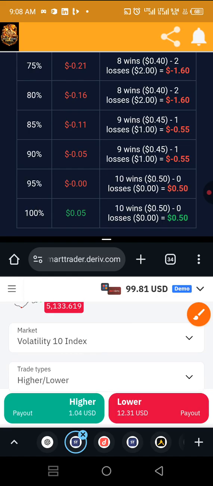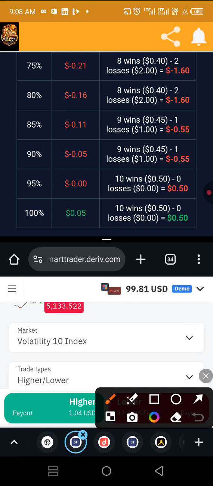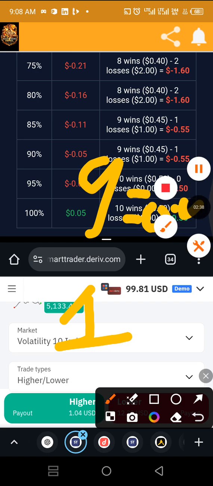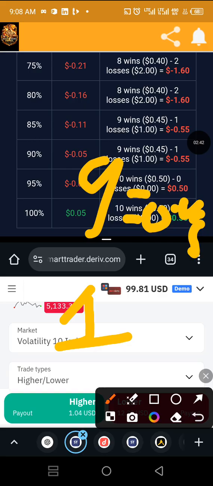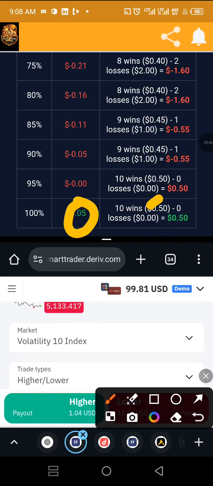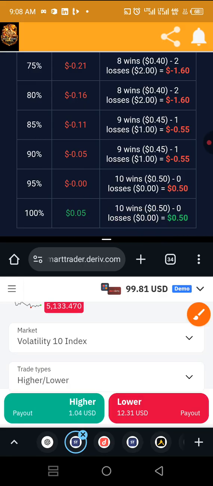If not, you are going to be in loss. Even if you win 9 times and lose once, you are still going to be in loss, because 9 times 5 cents is going to give you 0.45 cents. And if you minus $1 from 0.45, you are left with 0.55 in loss.